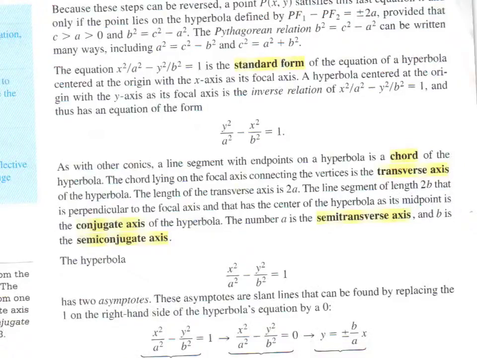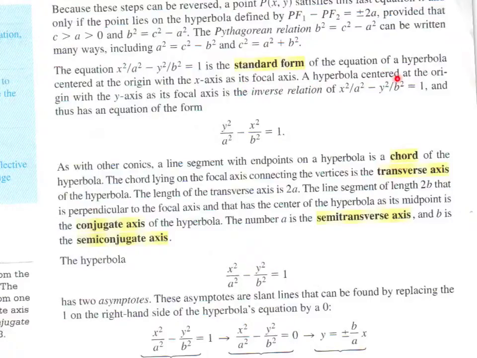If you flip the page over, you're going to see the explanation where it says the equation x squared over a squared minus y squared over b squared equal to 1 is the standard form of the equation of a hyperbola centered at the origin with the x-axis being its focal axis.